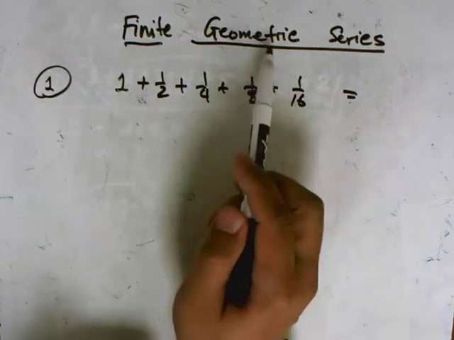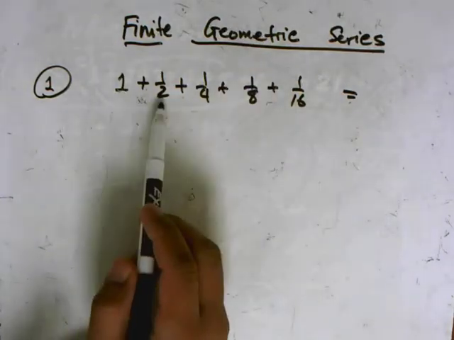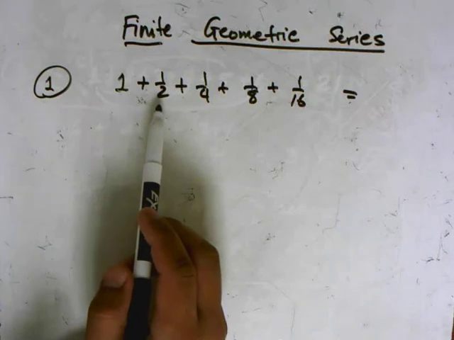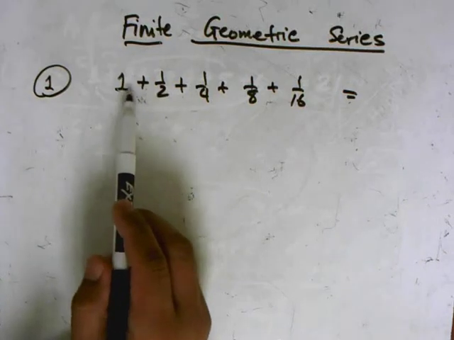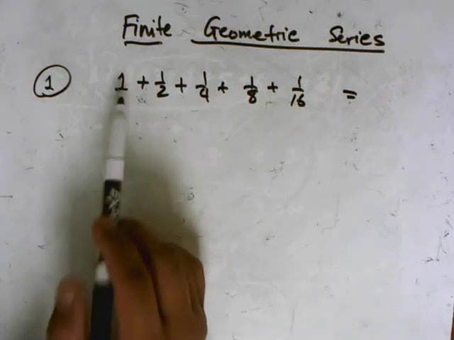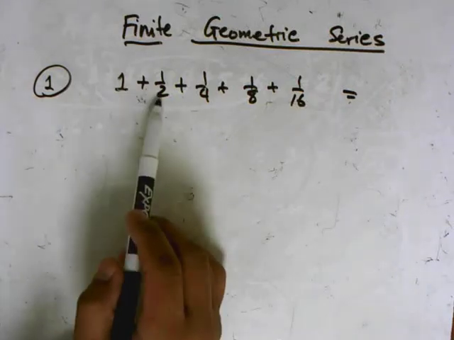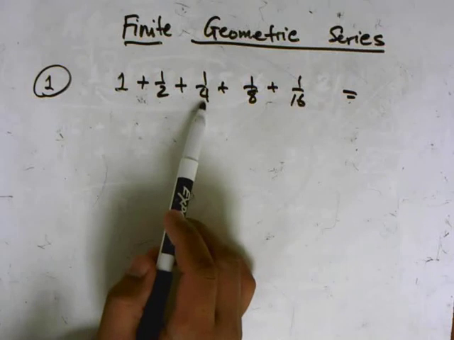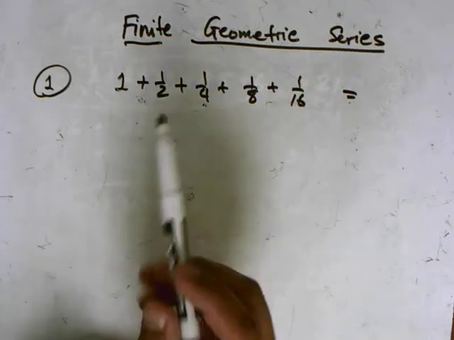The reason that makes this geometric is that each term here is being multiplied by the previous one. Forgot my numbers there. This is 1 times 1/2 equals 1/2. 1/2 times another half equals 1/4. 1/4 times 1/2 equals 1/8.